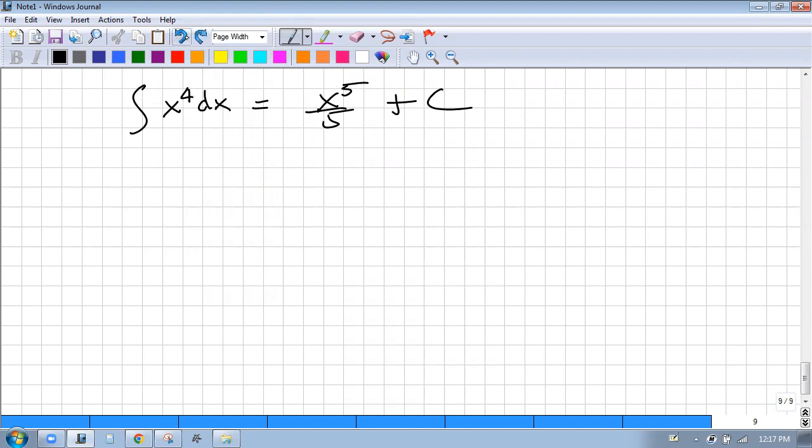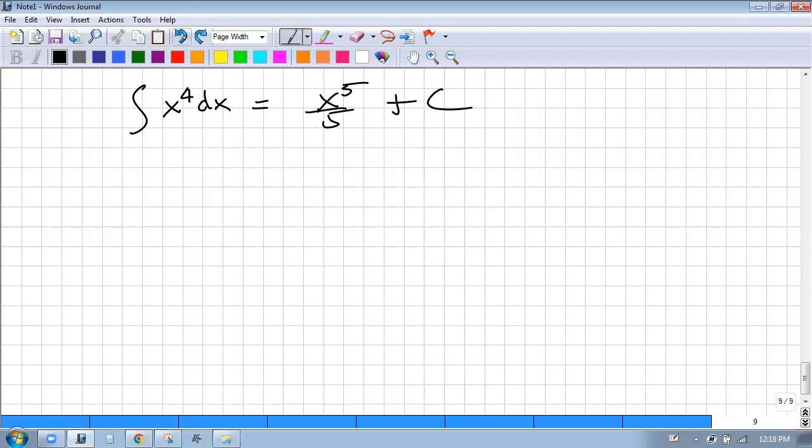All right? So the first thing we learned was how to take the derivative of stuff like this. So we're going to start with the antiderivative of stuff like that. So instead of subtracting 1 from the exponent, we multiply it by the exponent and subtract 1. So if we're doing this backwards, we're going to add 1 to the exponent and divide by it, right?